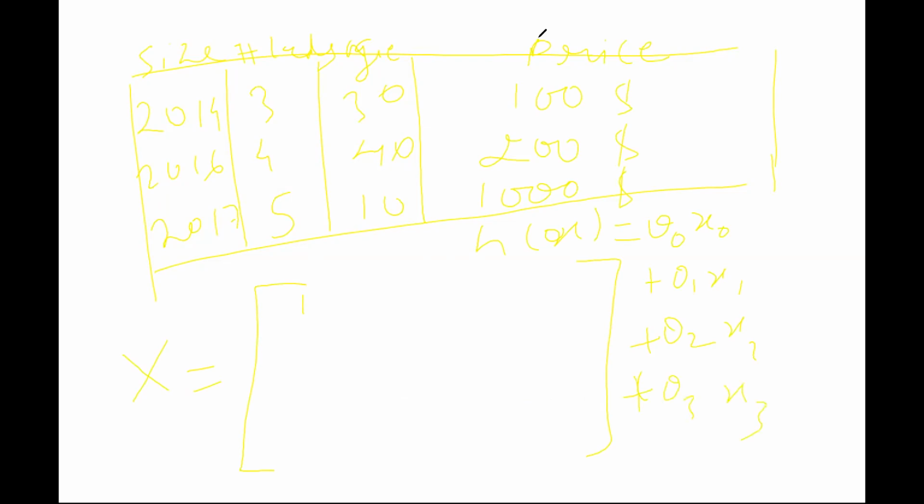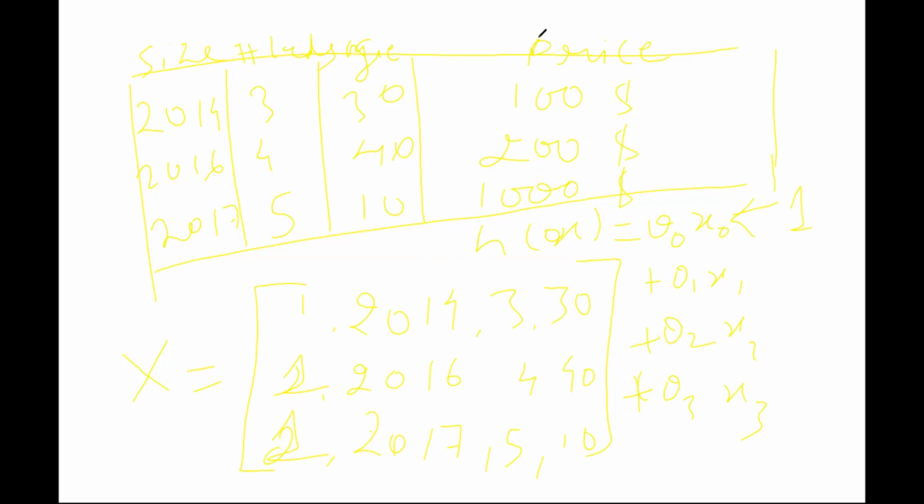And my x0 was always 1, so 1, then 2014, then 3, then 30. Then similarly here it will be 1, 2016, 4 and 40, then 1, 2017, then 5, then 10. This is the representation for X.